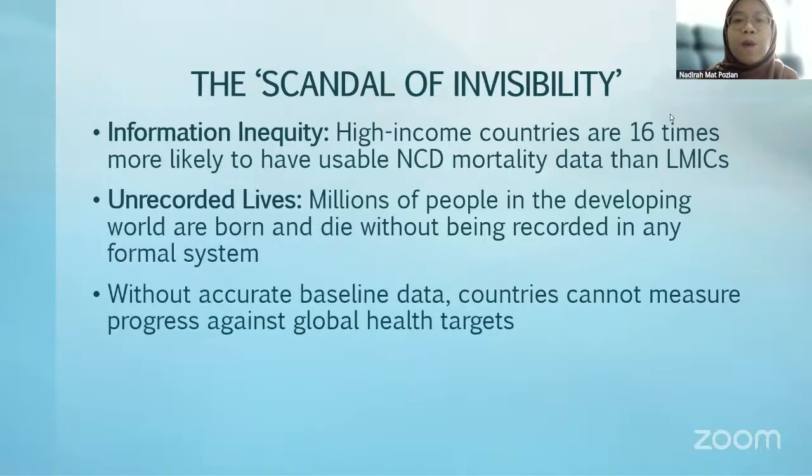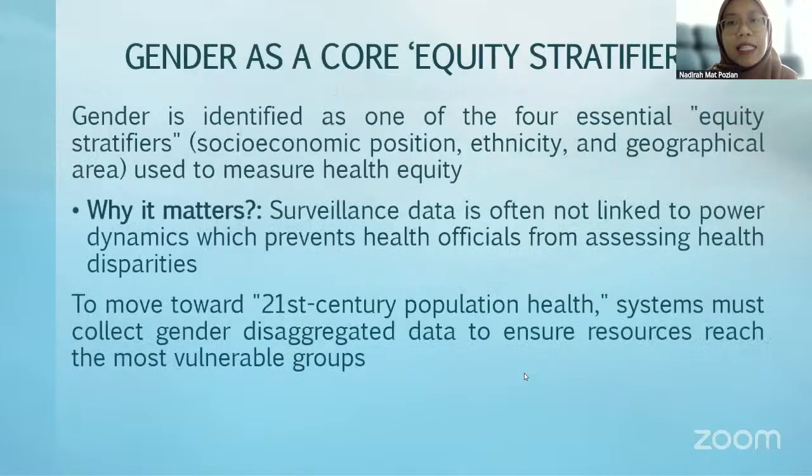So this is where I think it suits the second point, where millions of people in the developing world are born and die without being recorded in any formal system. Sometimes migrants, refugees or stateless people don't even exist in the formal system. Is that clear?